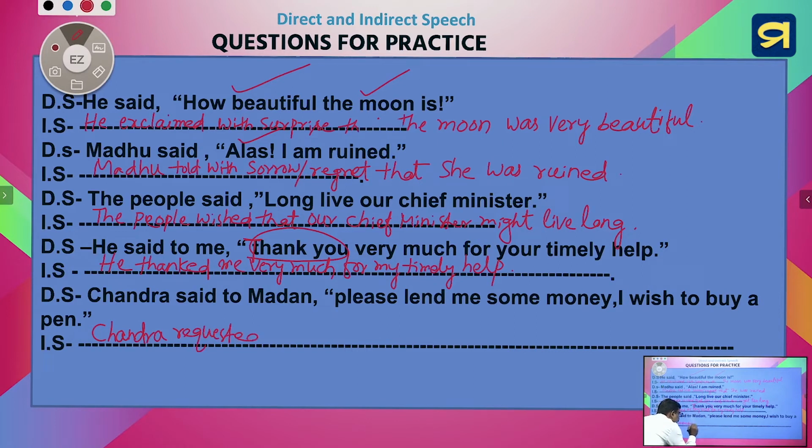Because you see here is please. So Chandra requested Madan to lend him some money.